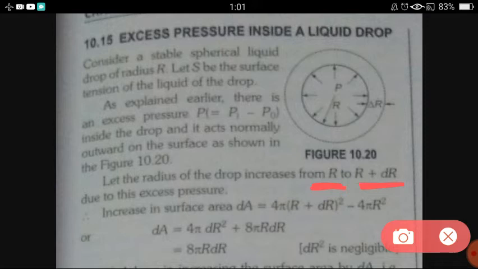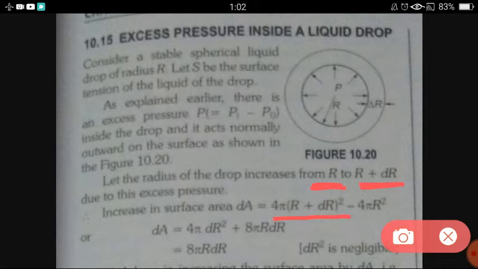Now when the radius of the drop has increased, it becomes r plus dr. So what will be the new surface area? It will be 4 pi r plus dr whole square. So what is the total increase in surface area? By how much has the surface area increased? That we can find by subtracting the initial surface area from the final one.